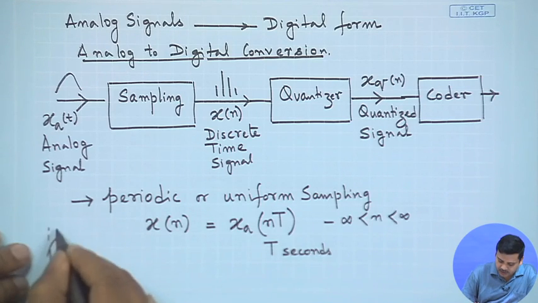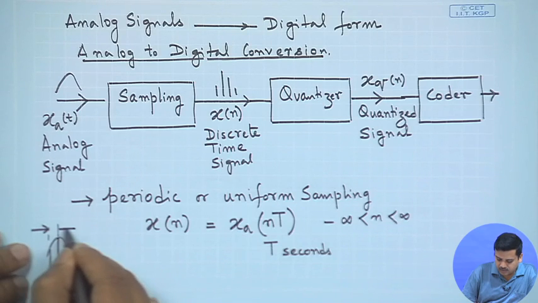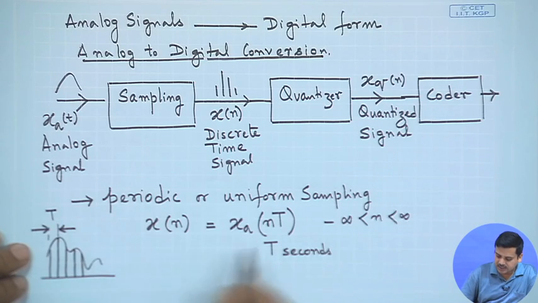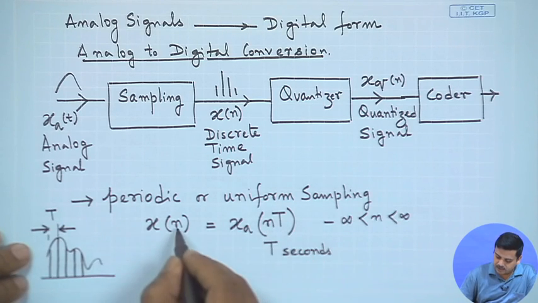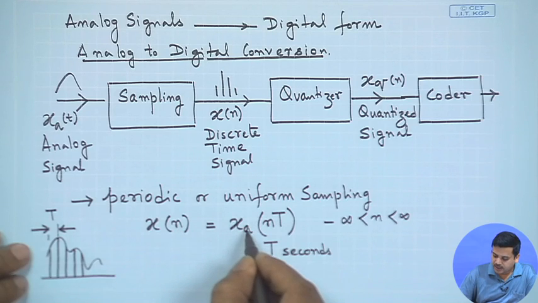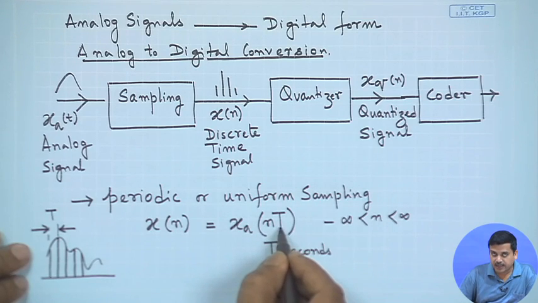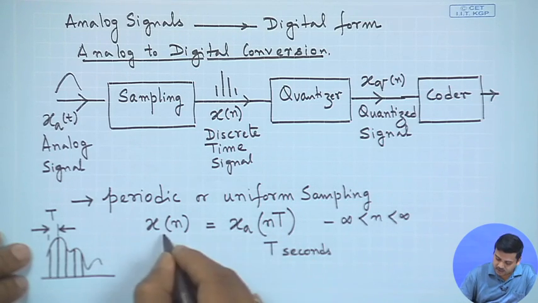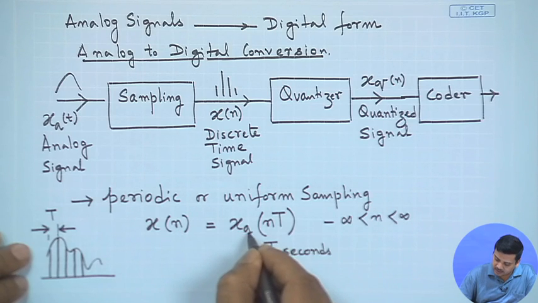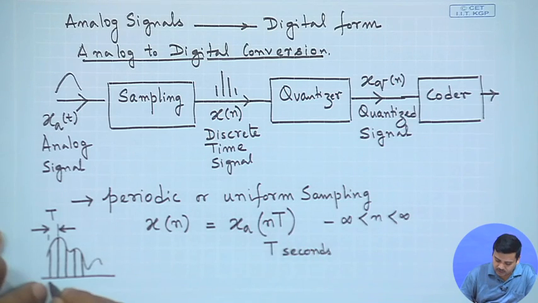So, this interval that we are talking about is t in our expression. So, x 1 is x analog at time instant t, x 2 is basically the analog signal at time instant 2 t. So, if this is 1 t, 2 t, 3 t, and this is time, so multiplied by t.